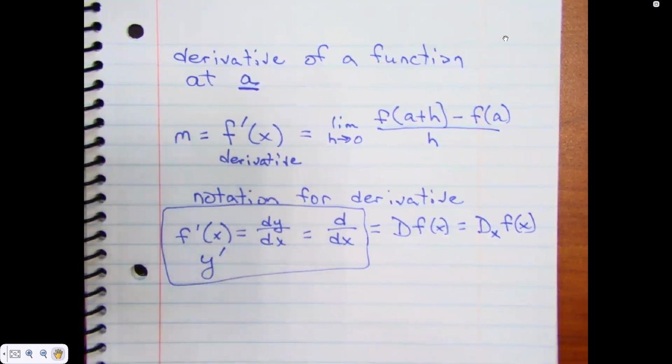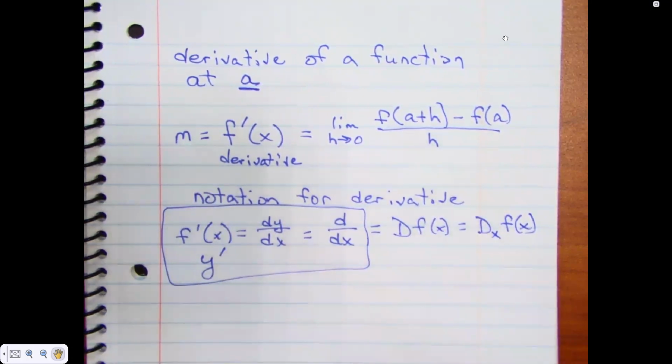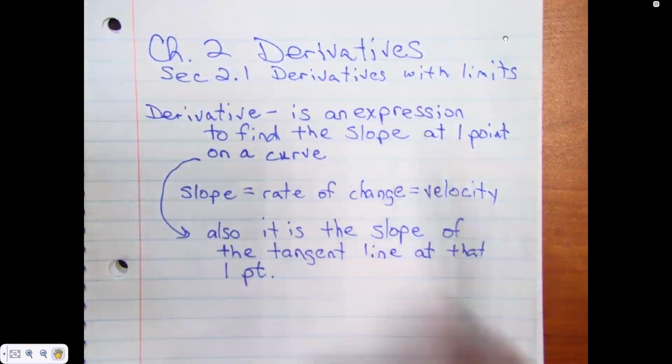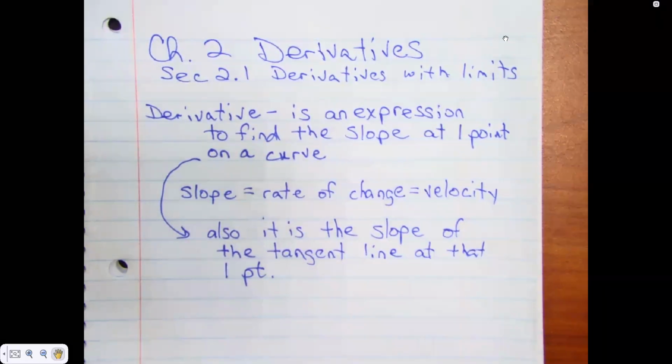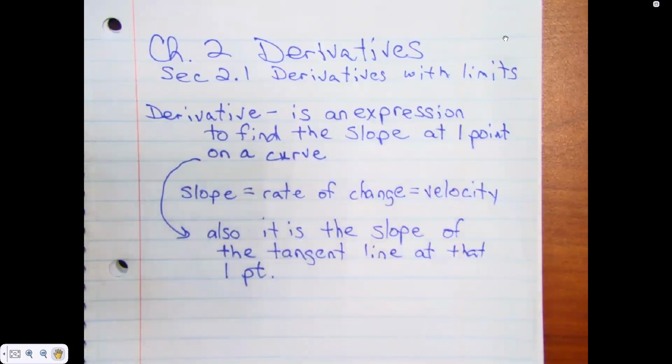All right, so let's put this into practice. Are we ready? One thing I wanted to say: the definition that we wrote is the derivative as an expression. We're not going to see that part yet. We're going to go right to finding the slope. But eventually, in a couple days, our answers are going to be like 3x plus 2.